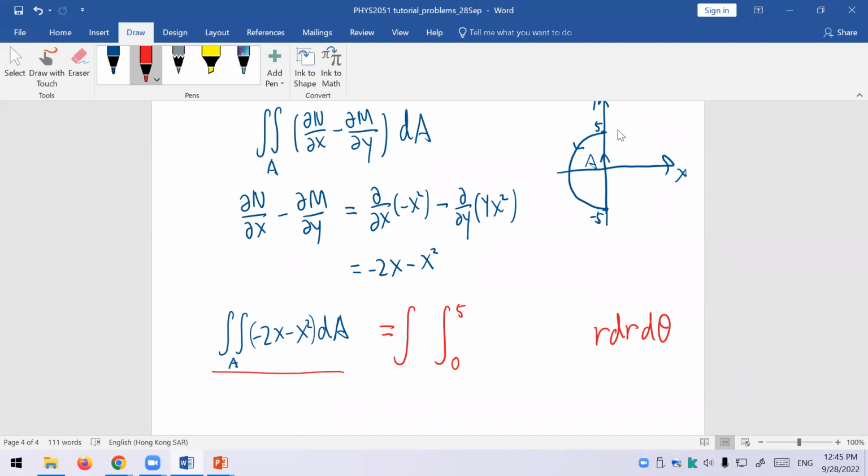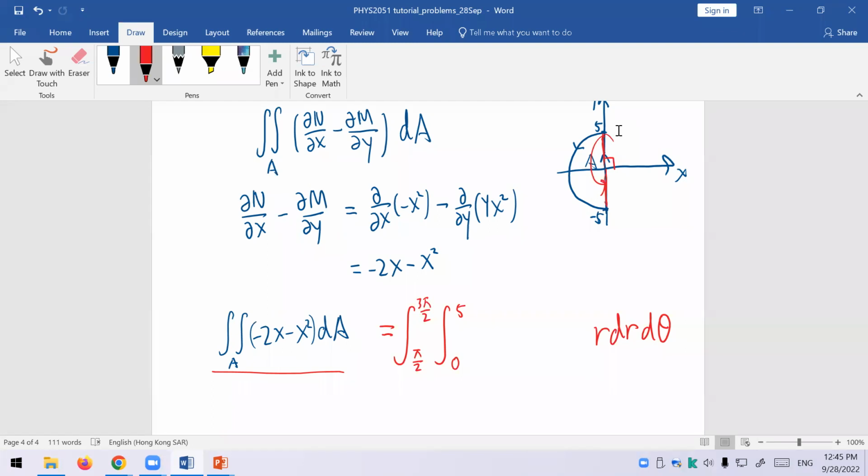Instead, we start at here, which is pi divided by 2, until this lower line here, which is 3 pi divided by 2.